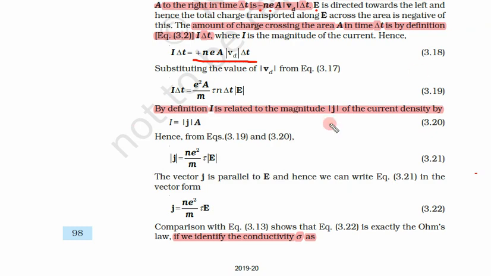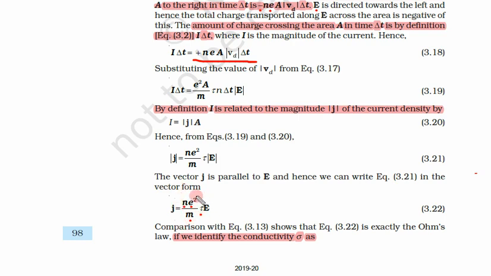Now, J is equal to n e squared tau by m E. Since both are in the same direction, we have removed the mod. In this book there are some mistakes. They have shown these in capital, but these are not capital. n is a number, e is a number, m is a number, tau is a number.